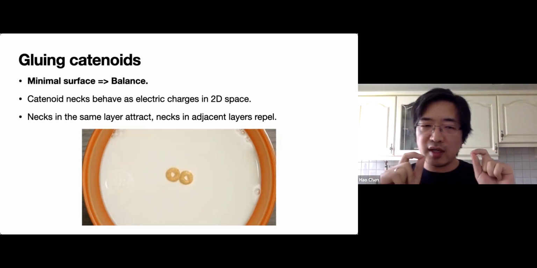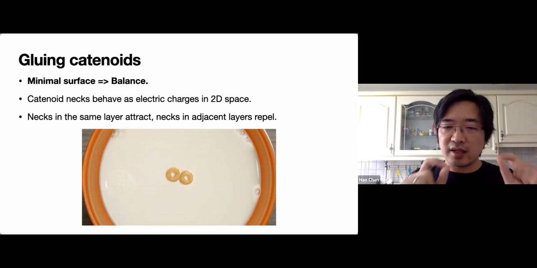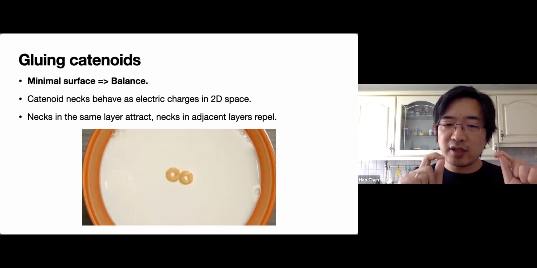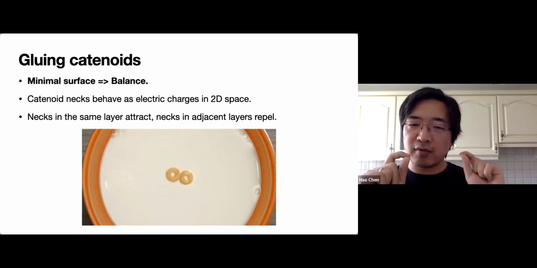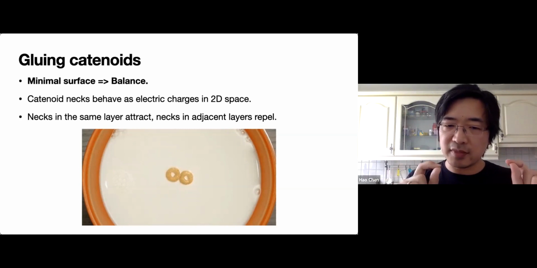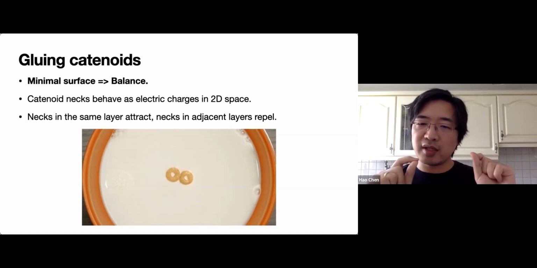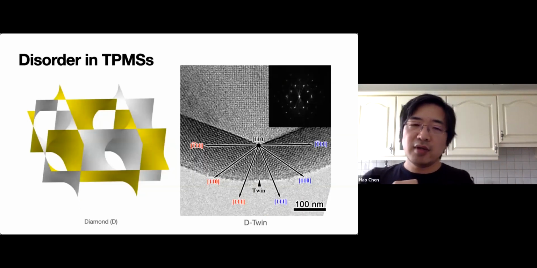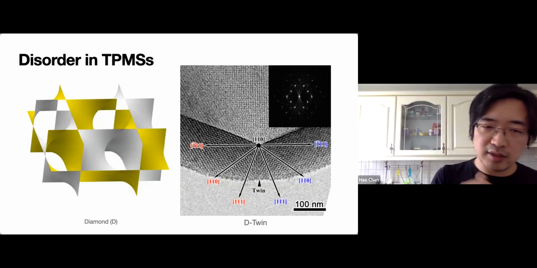So they are like catenoid necks in the same layer. Actually, this interaction is even quantitatively the same. They are all logarithmic interaction, like electric charges in 2D space. Anyway, that was Traizet's work.